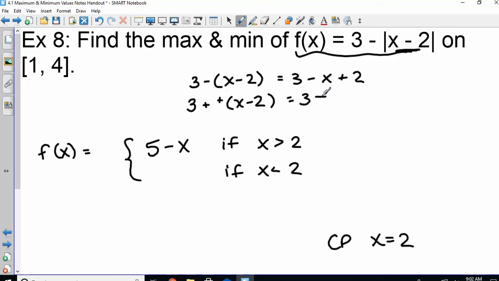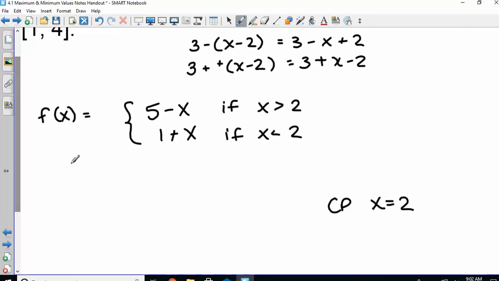We get 3 plus x minus 2, so we get 1 plus x. Yes, thank you. Alright, so now if we did our derivative, we just do the derivative of each piece. What's the derivative of 5 minus x? -1. What's the derivative of 1 plus x? 1.